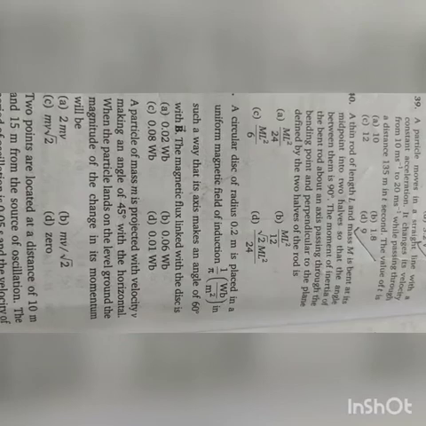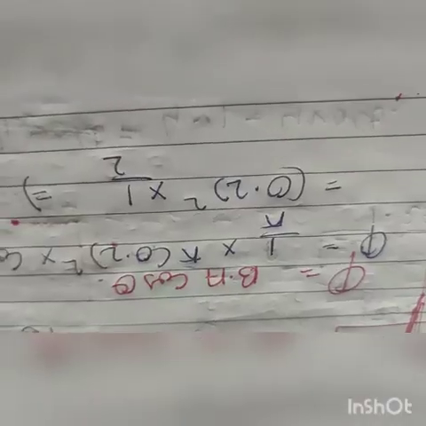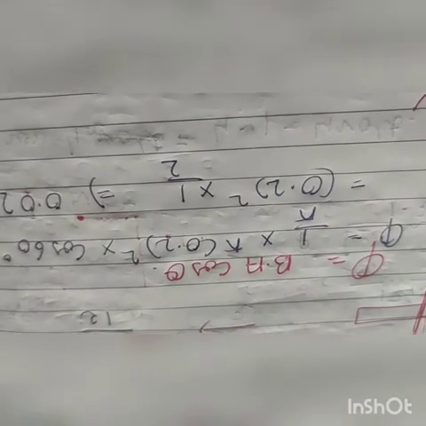Now question number 41. A circular disc of radius 0.2 meter is placed in a uniform magnetic field of induction 1 by pi Weber per meter square in such a way that its axis makes an angle of 60 degree with B, that is the magnetic field. The magnetic flux linked with the disc is, so here phi is equal to BA cos theta.